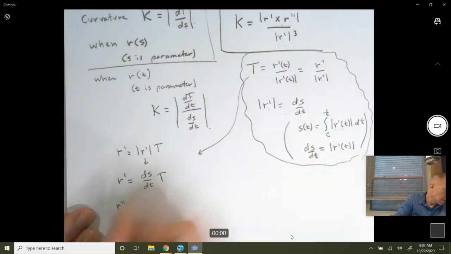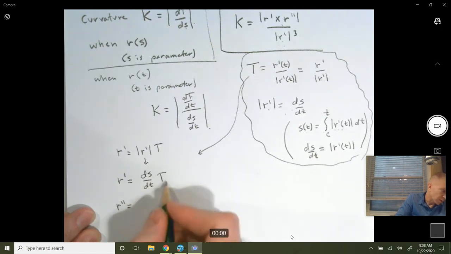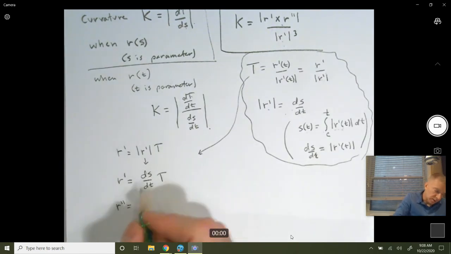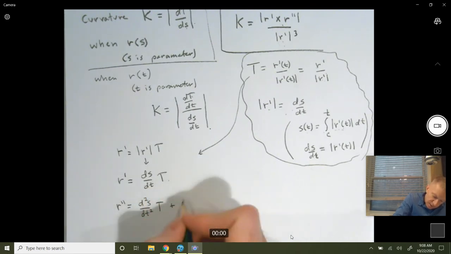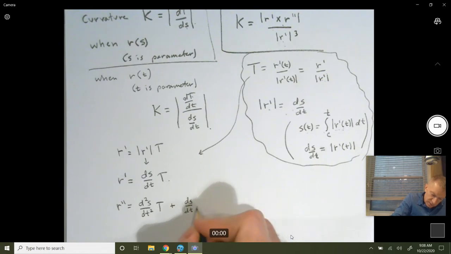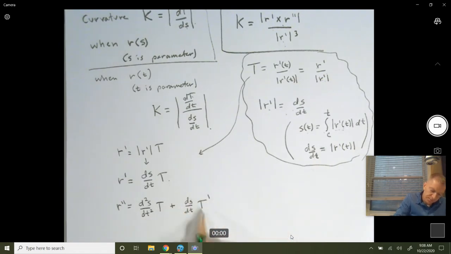Okay, so r double prime is equal to, now we've got a product rule here. We take the derivative of this times this, so d squared s/dt squared times T, plus this times the derivative of this, so plus ds/dt times T prime. Okay, so we just did a product rule.